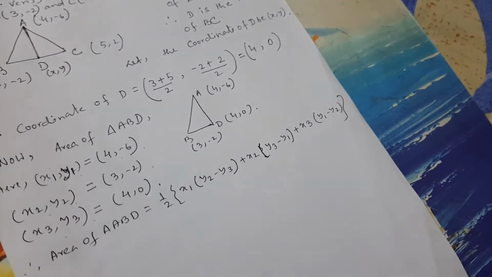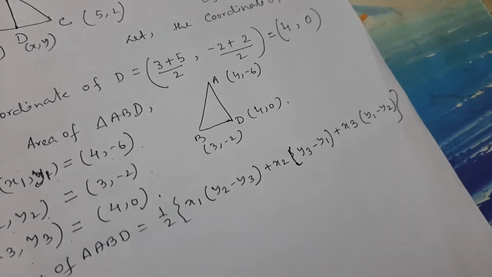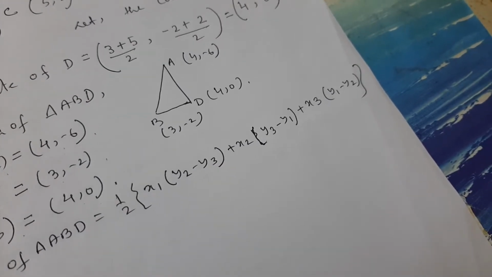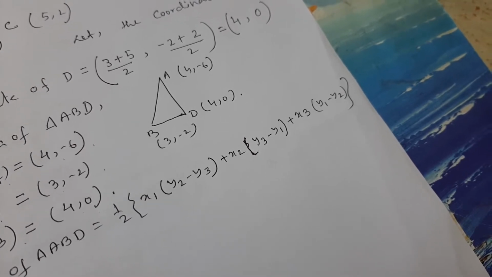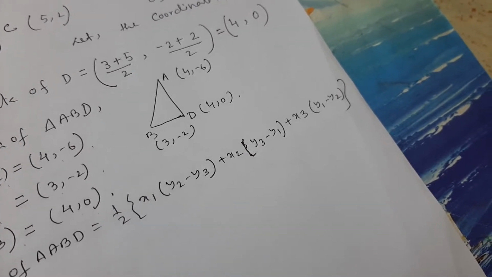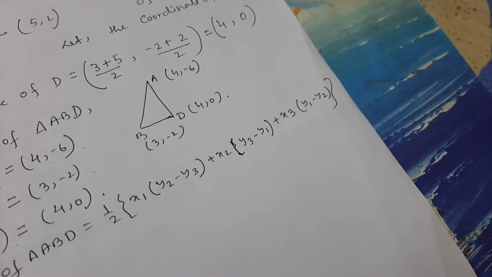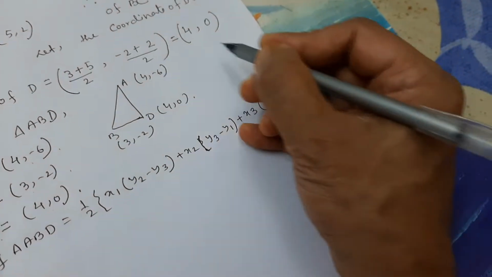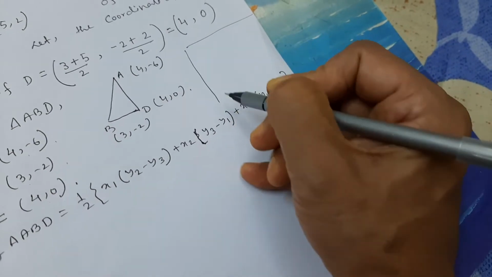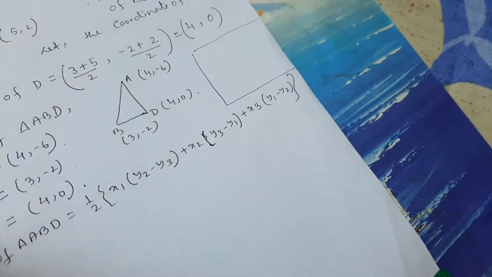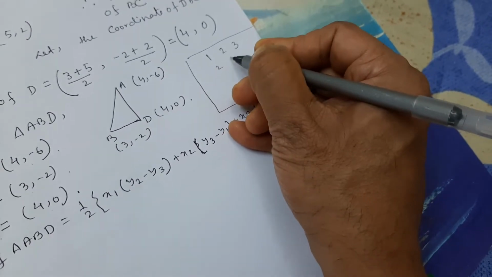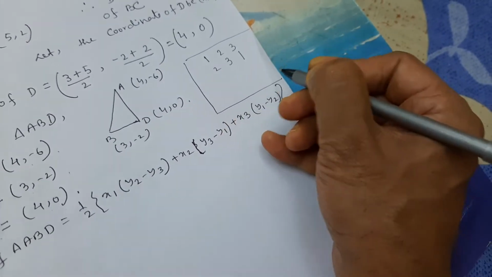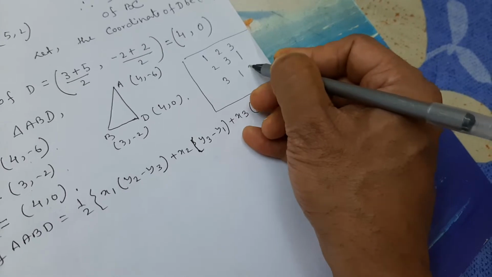This is the area of the triangle formula. You remember this, then easily we can remember it this way: 1 2 3, 2 3 1, then 3 1 2.